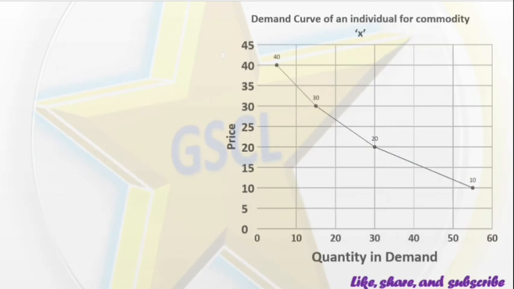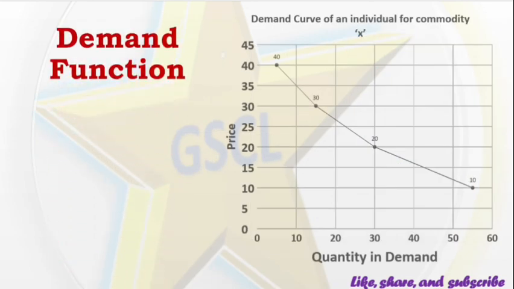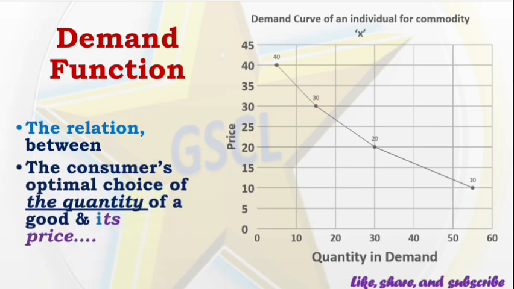Demand function is the relation between the consumer's optimal choice of the quantity of a good and its price. With every addition to the price level, there is a subtraction in the level of quantity demanded. We can say that price is the independent variable and quantity demanded is the dependent variable.